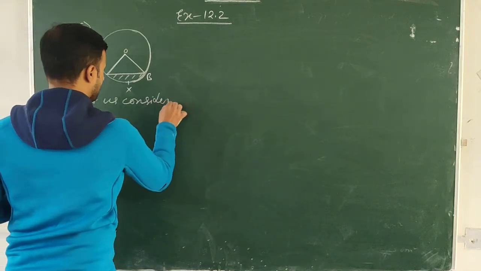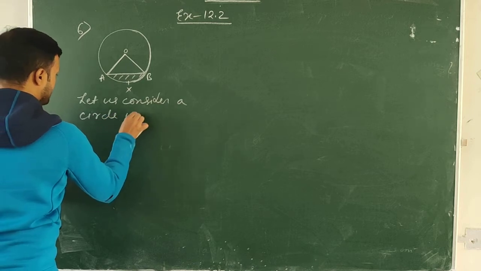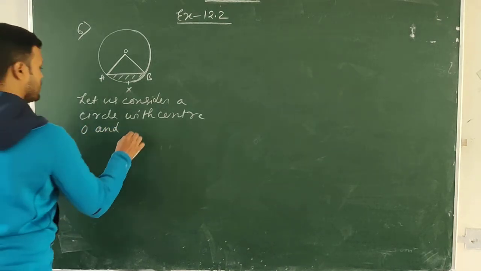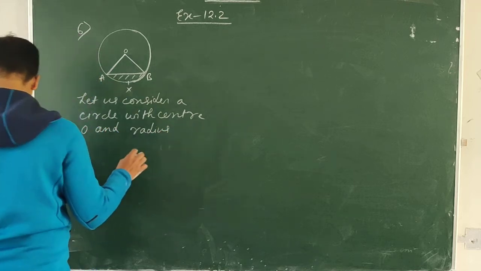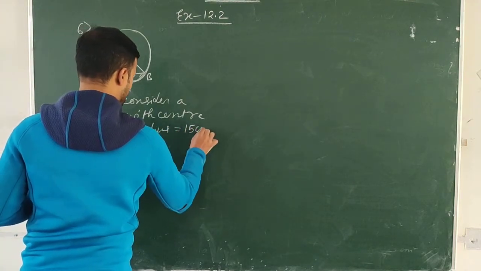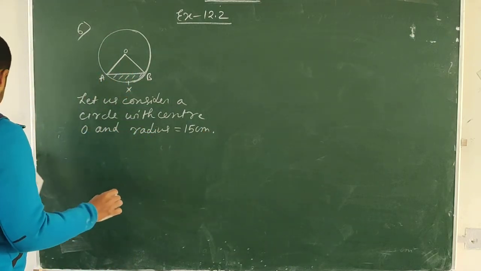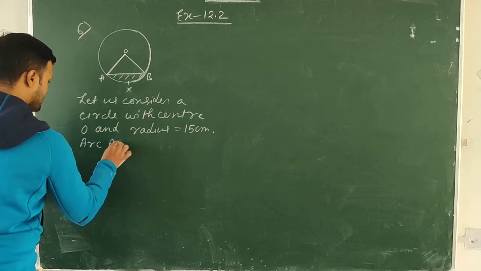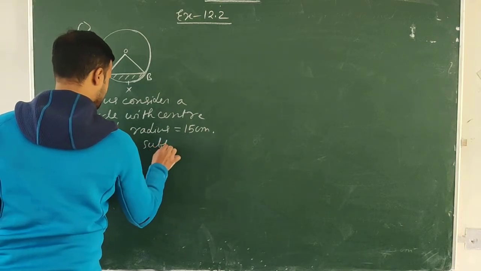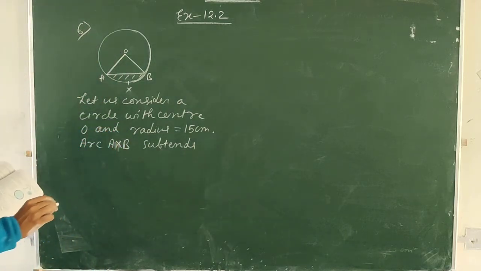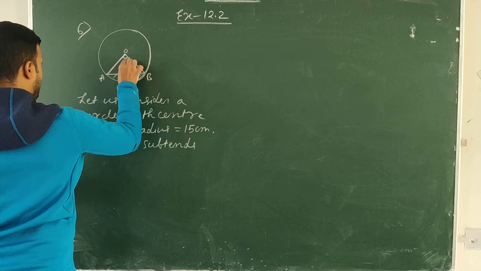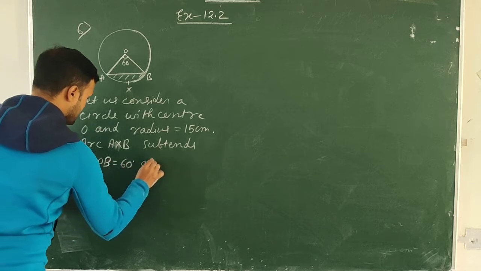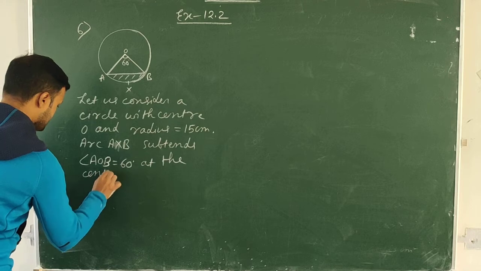Let us consider a circle with center O. Chord AB subtends angle AOB equal to 60 degree at the center.